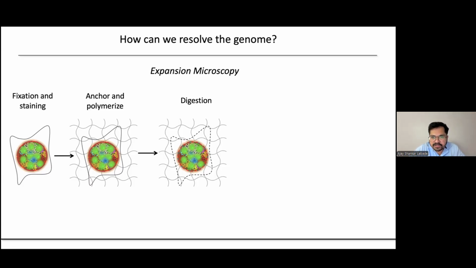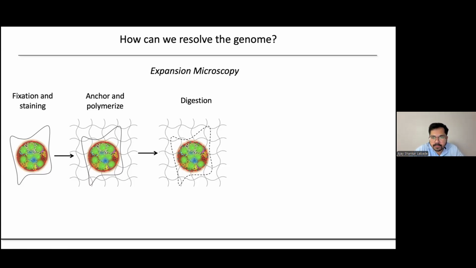Then we digest these proteins, because proteins are structures, they have their own shape. We need to make sure that when we expand this gel, we digest the protein so that they won't anisotropically pull the gel in all directions.